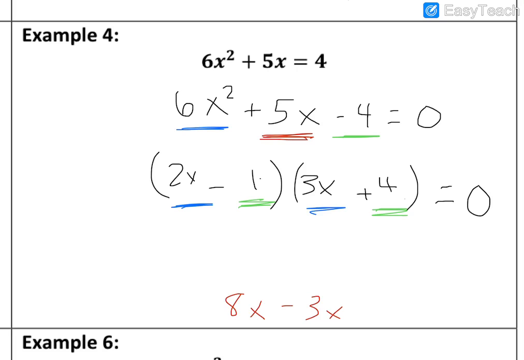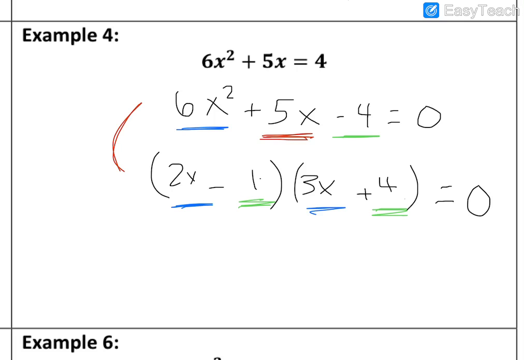So you have to be careful because whenever your A value right there is not 1, your outside and your inside do make quite a difference. So it's just a matter of guessing and checking and foiling it to make sure that these two values are equivalent.